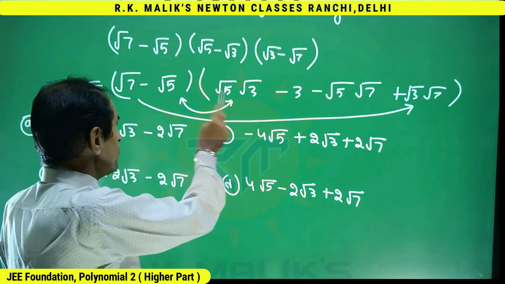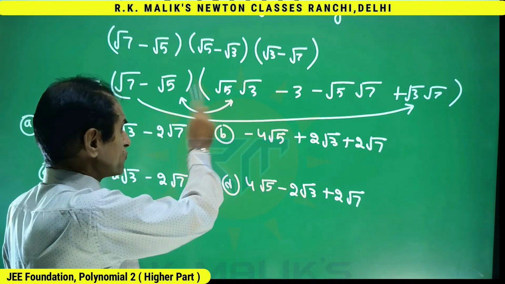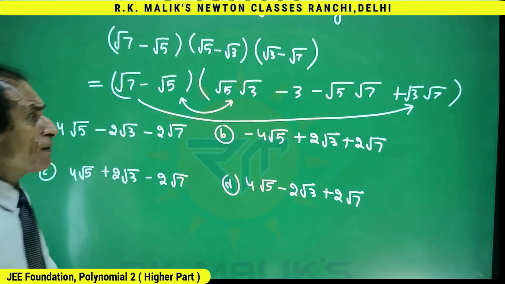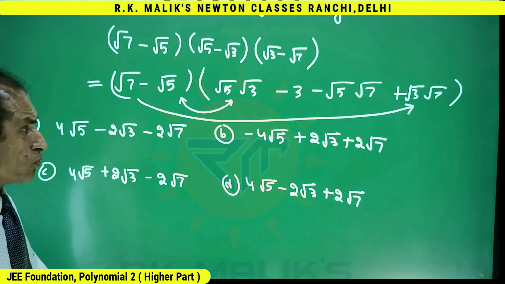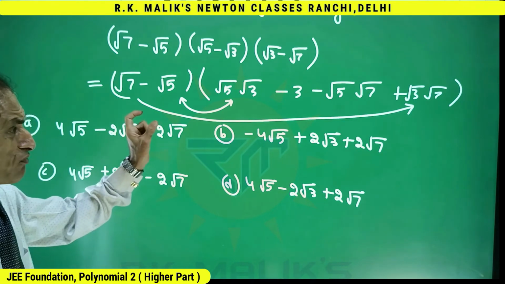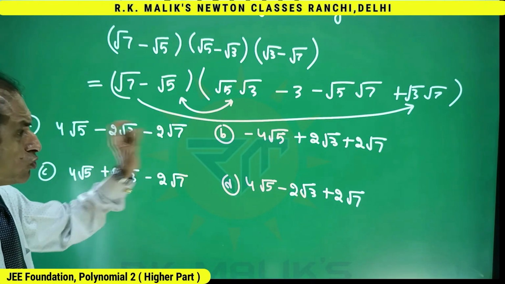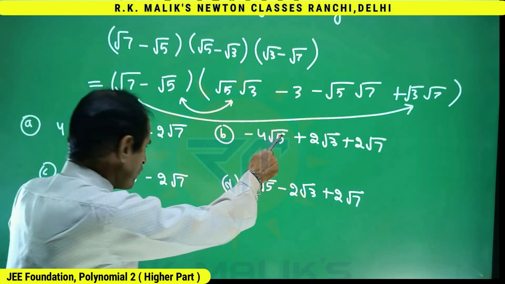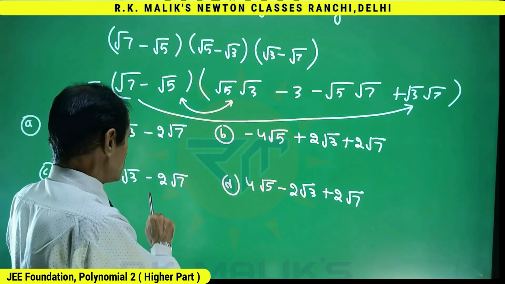Now, if you multiply these two, you will get minus 5 root 3, and these two multiplications will give you plus 7 root 3. That is, after calculating, you will get 2 root 3. 2 root 3 means only one of these choices is correct.